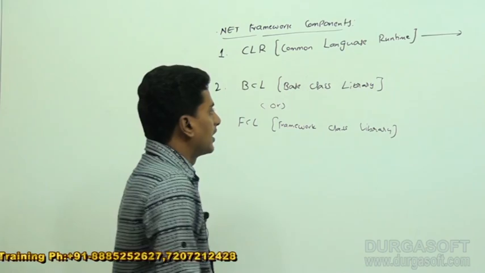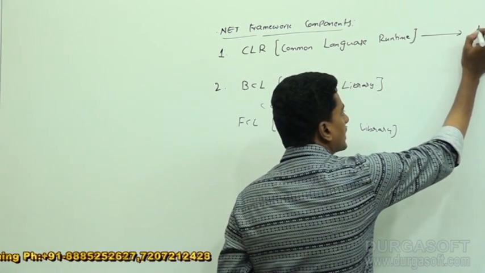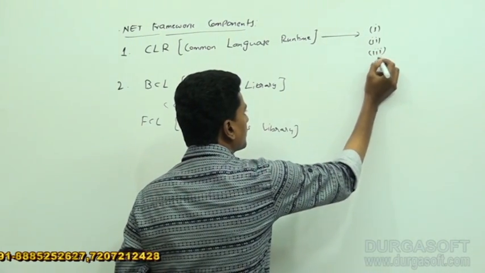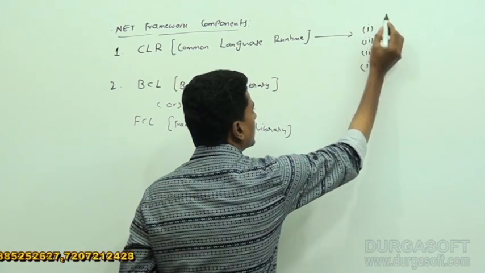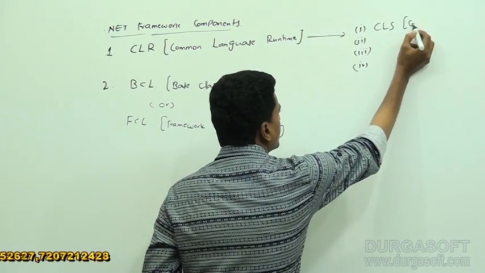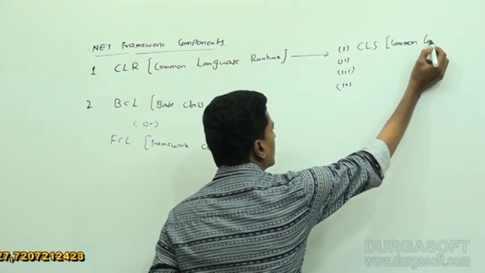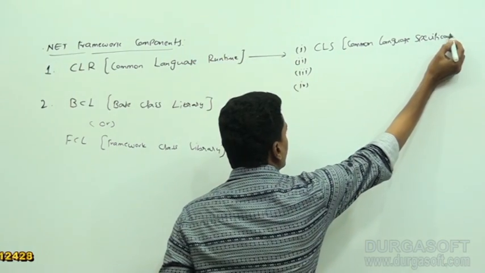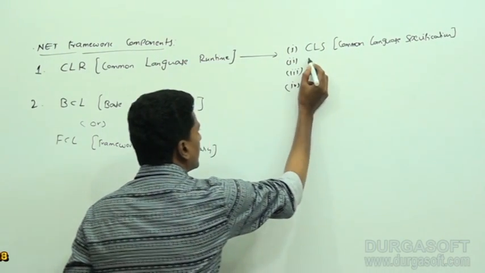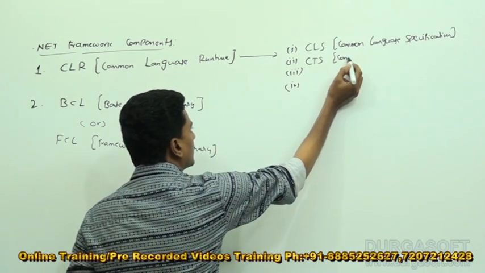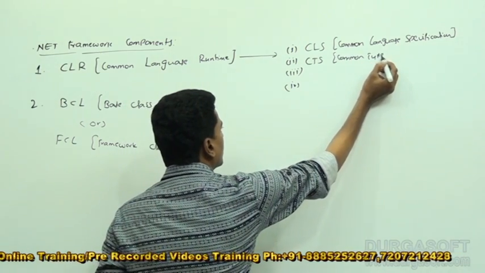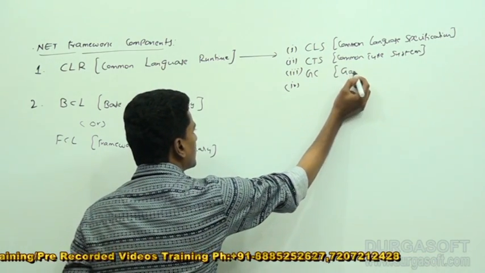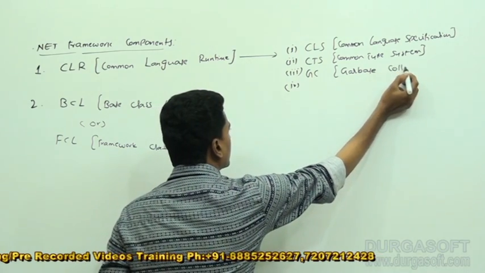Then CLR is again categorized into four subcomponents. One is CLS, which stands for Common Language Specification. Next is CTS, which stands for Common Type System. Next is GC, the Garbage Collector.